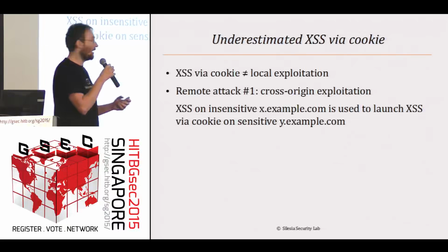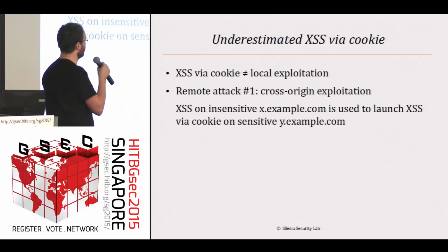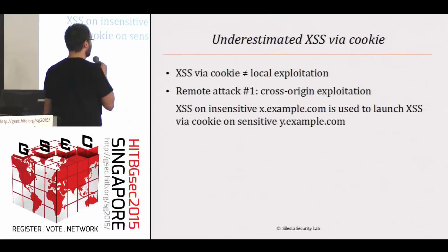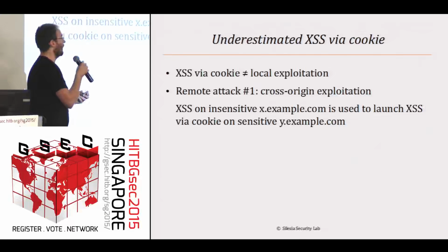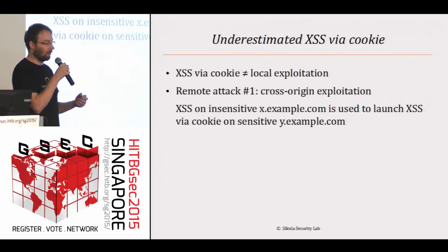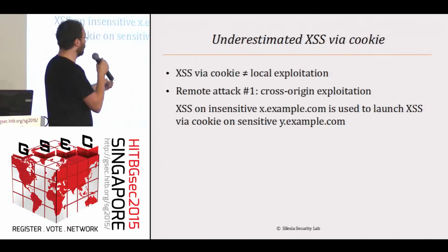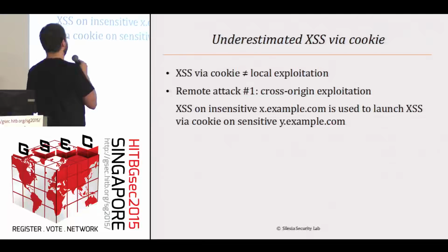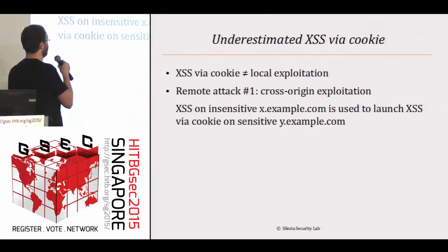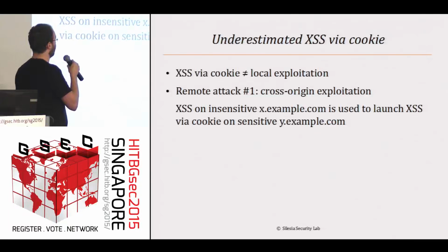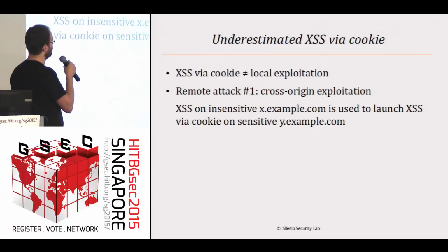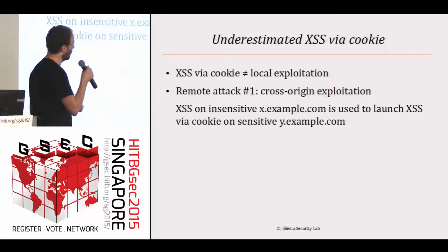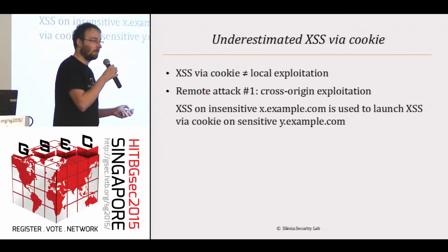So can you see right now? We are on x.example.com. We set a cookie that will be sent for the domain example.com and all subdomains, so including the sensitive y.example.com. So if we find some XSS on something insensitive, we can launch via this XSS remotely XSS via cookie on the sensitive subdomain.